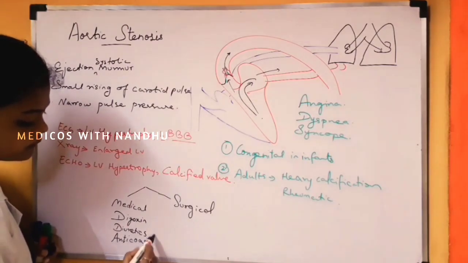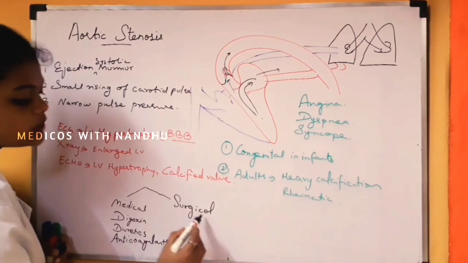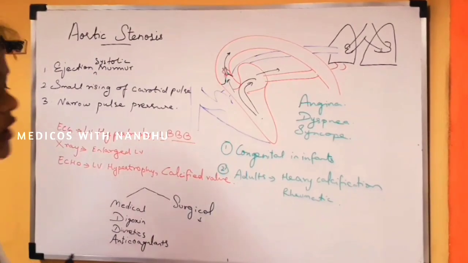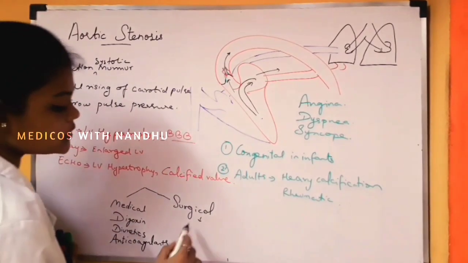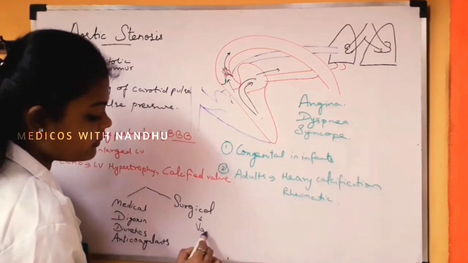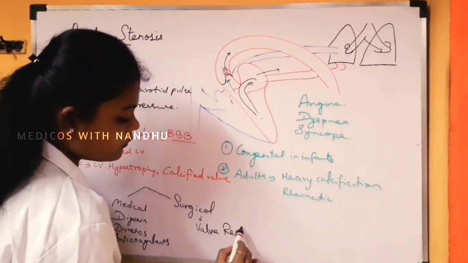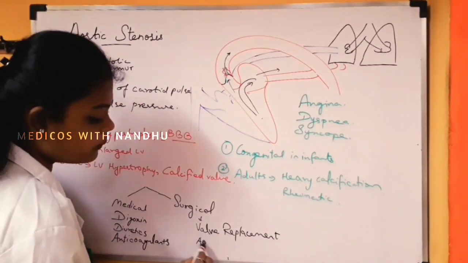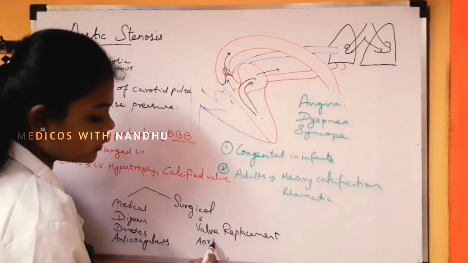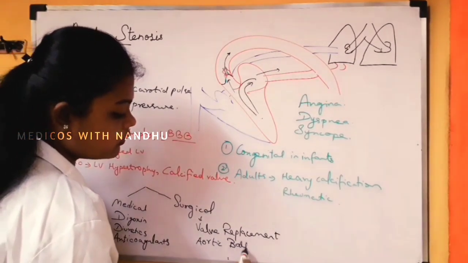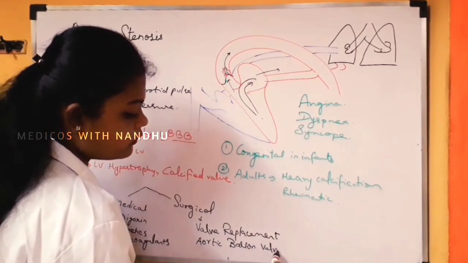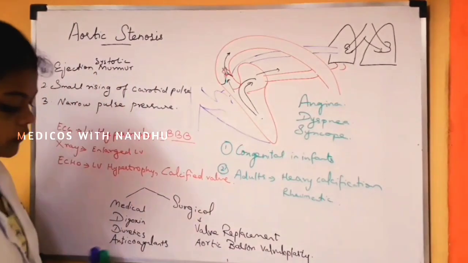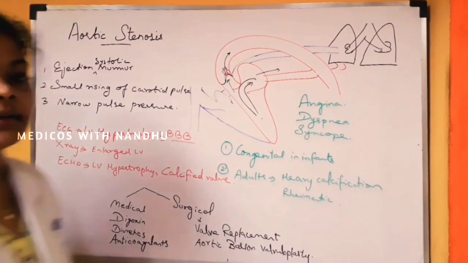And for surgical management, if the medical management is not adequate, we can give surgical procedures like valve replacement and aortic balloon valvuloplasty. So these are the medical and surgical management.